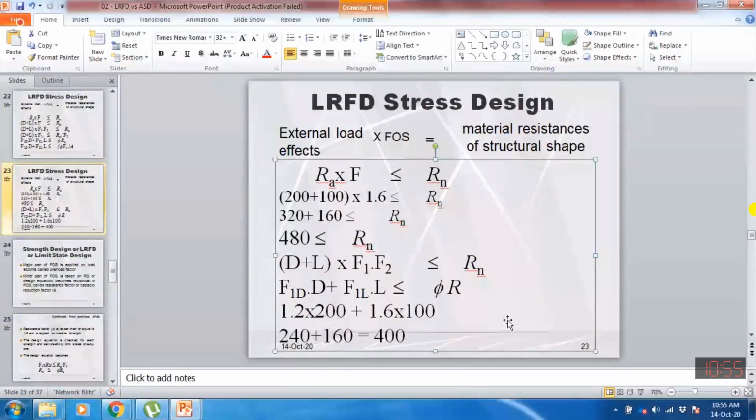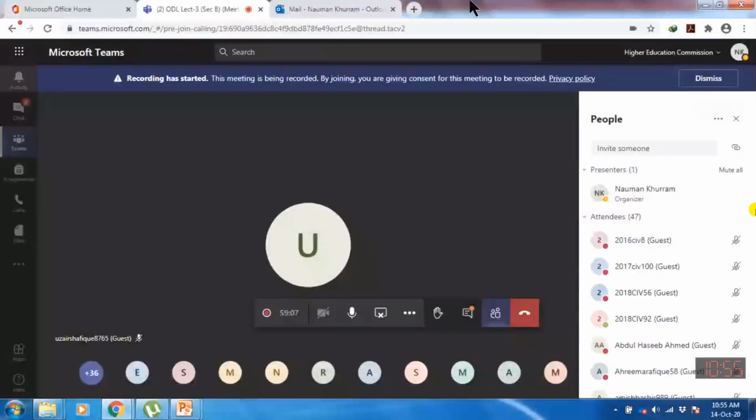I'm just explaining that close to the failure. Failure doesn't mean actual failure, specified failure. Specified failure means that in ASD I have put the failure limit 0.6 Fy and in LRFD 0.9 Fy. So strain value at failure limit in LRFD will be more as compared with the ASD. If I'm approaching the failure, this means that LRFD will undergo larger deformation and its behavior will be more ductile as compared with the ASD. So you understand?